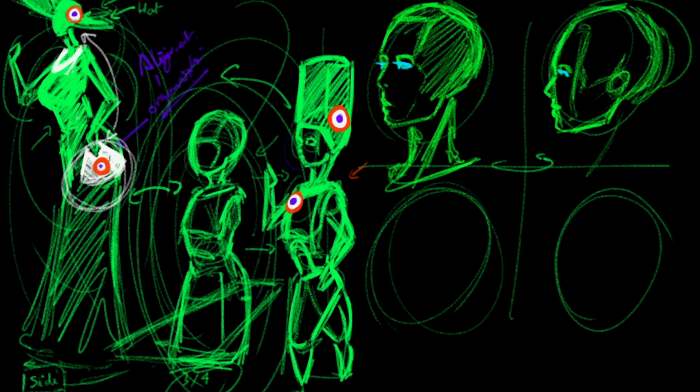No, you really don't have to draw exactly the same face. You just have to keep the most important features here. Here is a long, thin nose, thick lips, and these blue eyes, which are supposed to define this character.